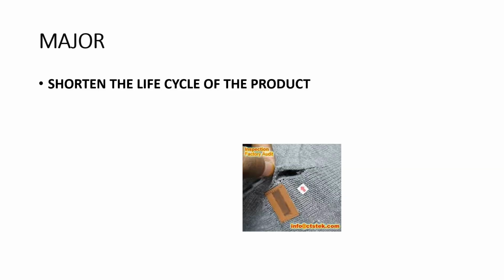The yarn displacement inside the fabric will propagate throughout the seam, and ultimately it will tear off. In that case, the proper life cycle of the product cannot be utilized. You have to discard the material, in the sense that the useful life of the product cannot be utilized properly. That is also one of the important features of a major defect.